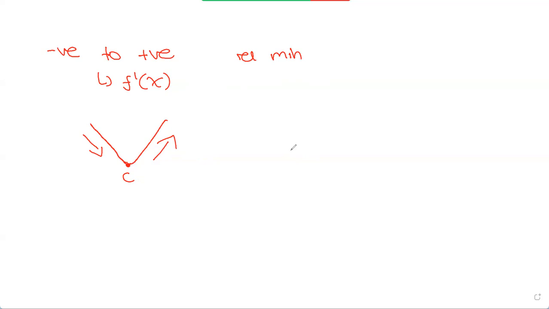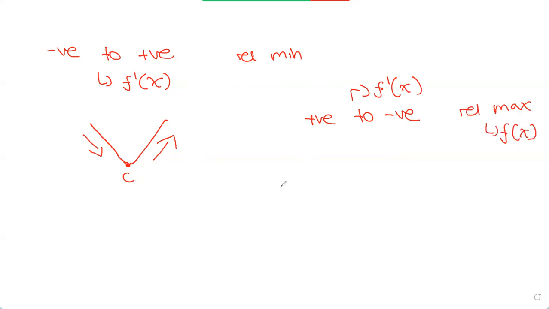Now, let me explain the other part, which said positive to negative. So this is for f prime of x. Then there's a relative maximum, and this is for f of x. So when it's positive, it's upward sloping, and when it's negative, it's downward sloping. This is the point c. It's changing from positive to negative.